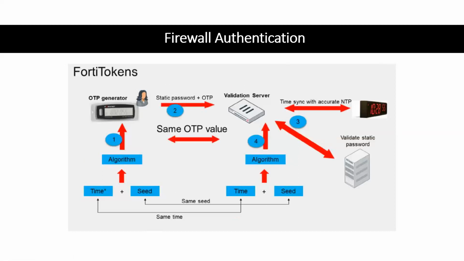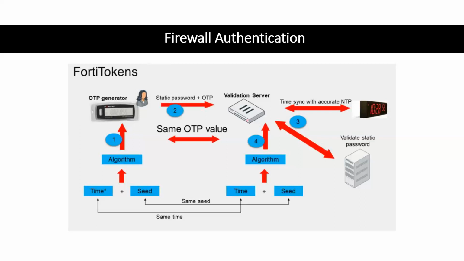We just spoke about two-factor authentication and different methods to authenticate. Fortinet provides its own solution to implement two-factor authentication: FortiTokens. Within a token, if you ever use it, it uses a specific algorithm to generate a one-time password, or OTP.